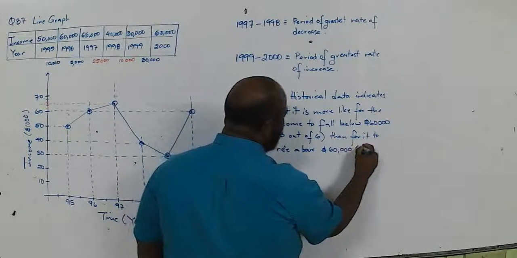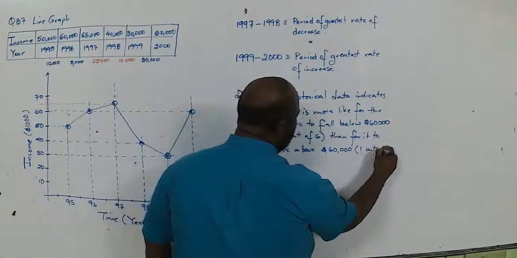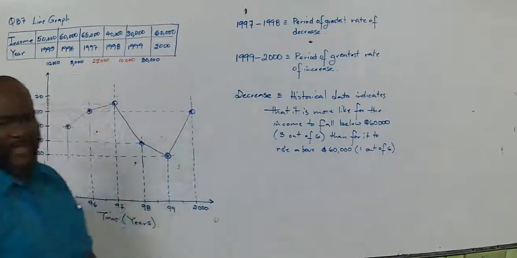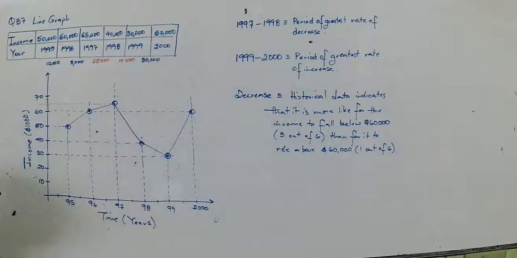And this only happened 1 time out of 6. So that's my reason. It's just more likely. History is telling me that it is more likely to fall below 60,000, indicating a decrease, than for it to rise above 60,000, indicating an increase.